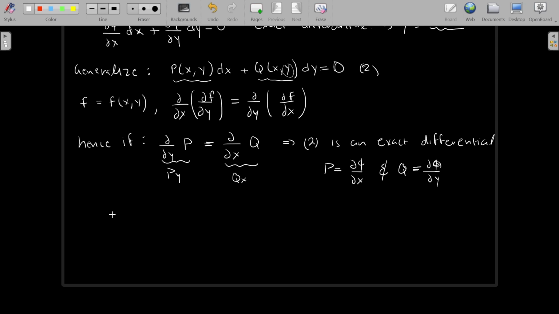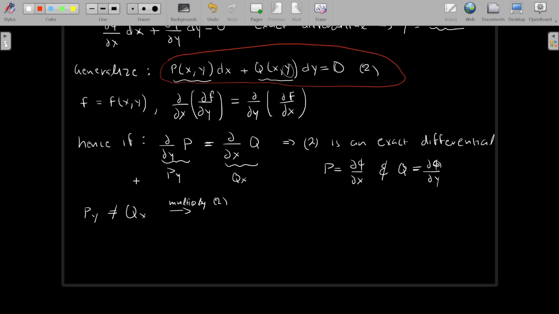What happens if they are not equal? Let's say p_y is not equal to q_x. Then we need to multiply this equation, if it's possible, with something that turns it into an exact differential. Again, if it's possible, it's not always possible.